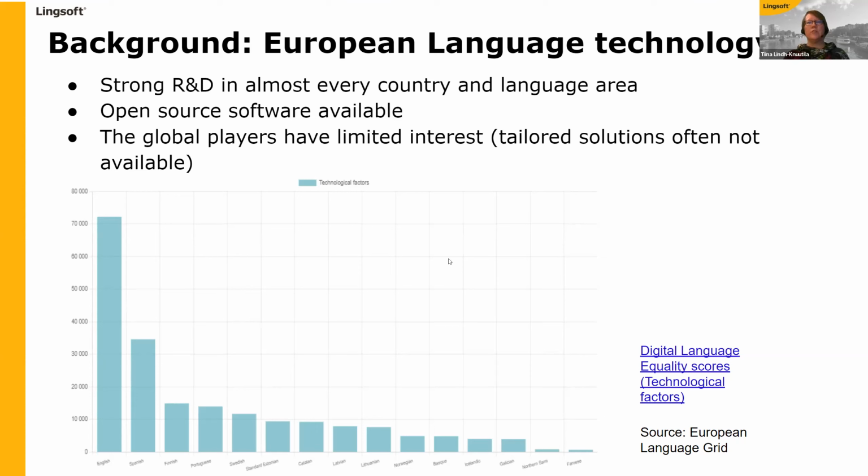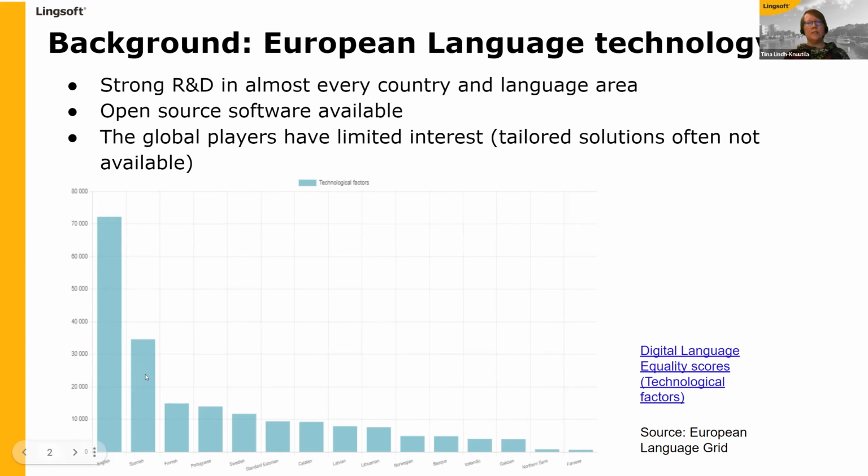And here you can see, well, the labels are awfully small, but these are basically the technological factors of how many technological tools are available in digital language equality scores. So here at the leftmost, you have English, which is with a score over 70,000. And then the rest are the project languages that we have been providing tools for.